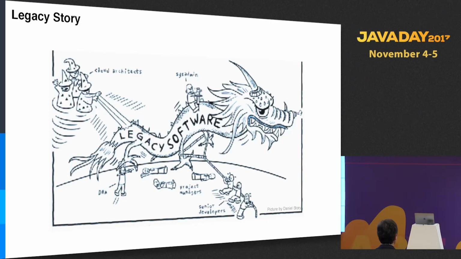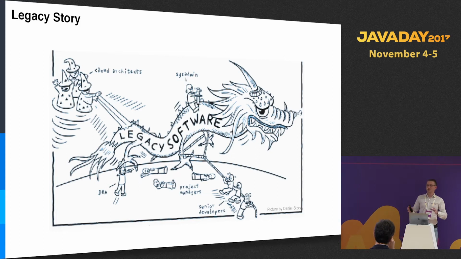So, legacy. I think you know the situation when you come to a company as a new employee, and you get a piece of code which was written 10 years ago.